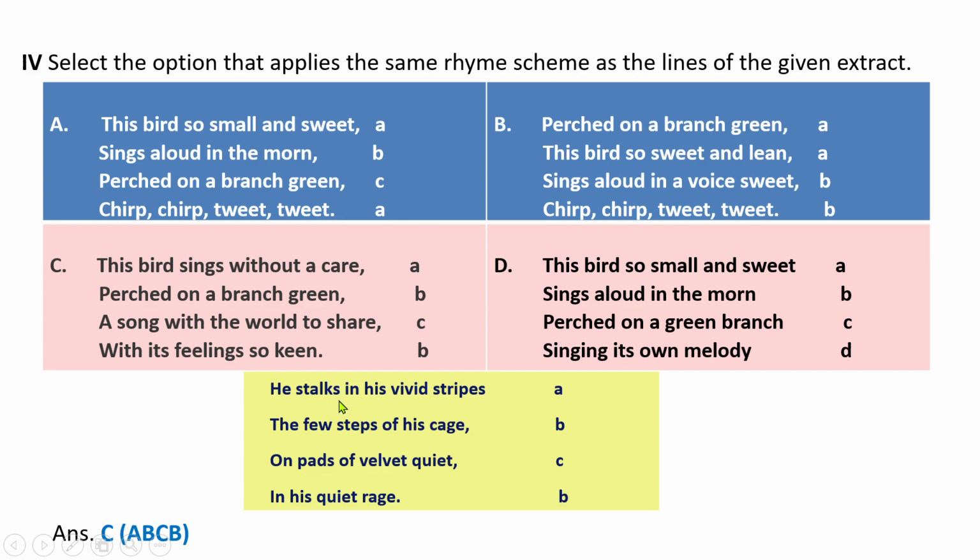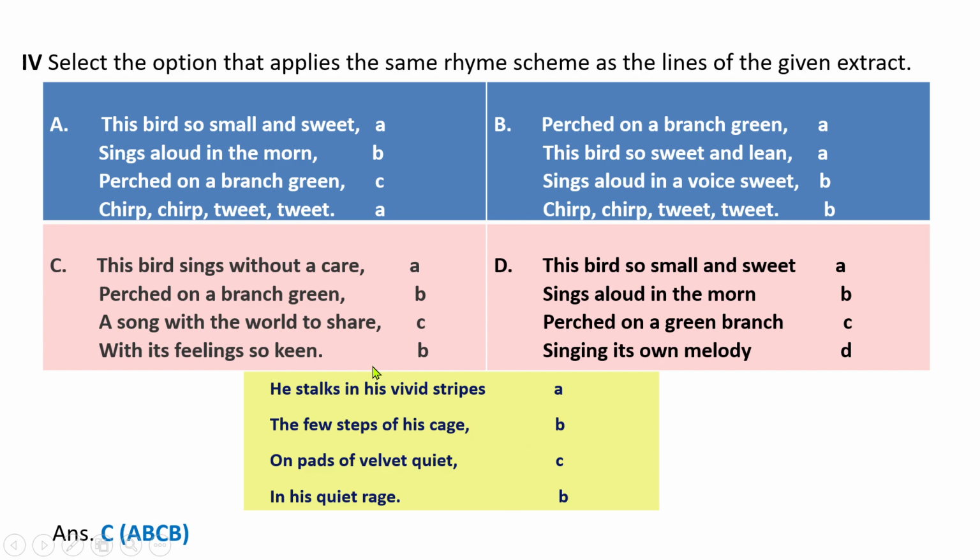In the given extract, stripes is A, cage is B, quiet is C, and rage rhymes with cage, so it is B. So I have chosen the answer C, A, B, C, B, which is the rhyme scheme of the given text. In the marking scheme, the answer has been given as A, which is not anywhere similar to the rhyme scheme of the given text.